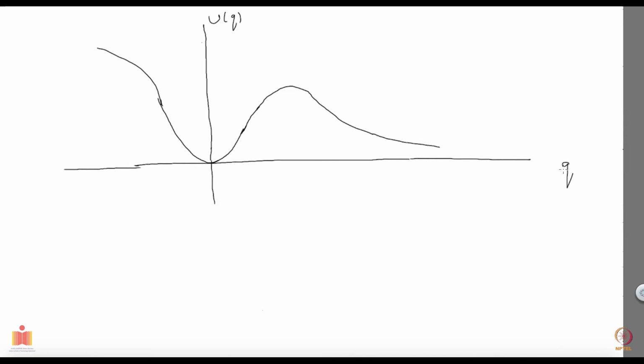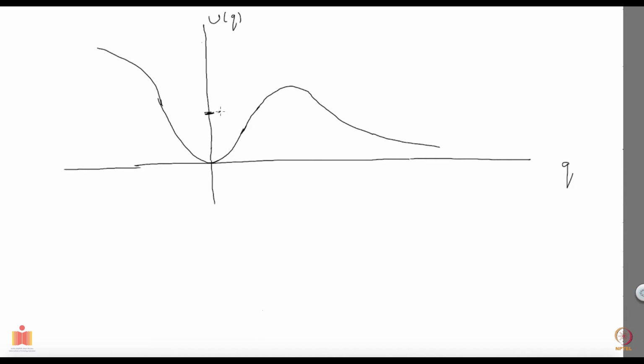So let's say my system is described by such a potential energy, and I choose initial conditions such that the total energy of the system E lies somewhere here. Let me draw a horizontal line here.